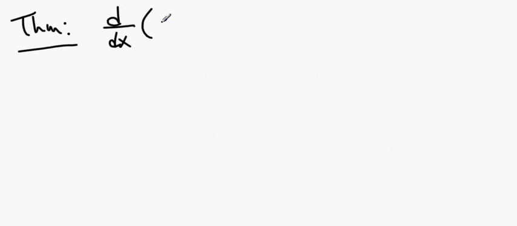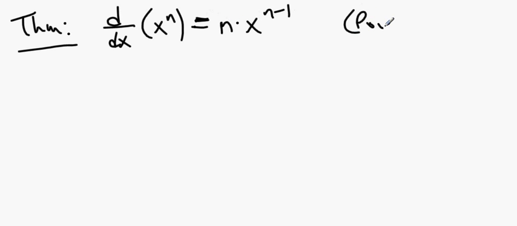Then there's the one that's not intuitive. The derivative of x to the n is n times x to the n minus 1. This is commonly referred to as the power rule. The derivative of x to the n is nx to the n minus 1. And you're thinking to yourself, well, maybe.